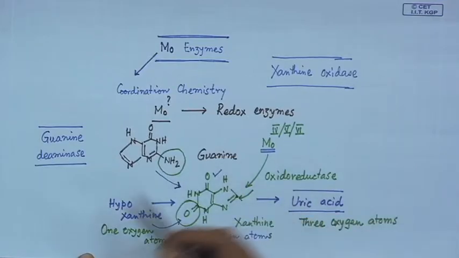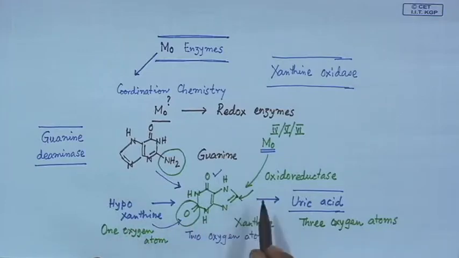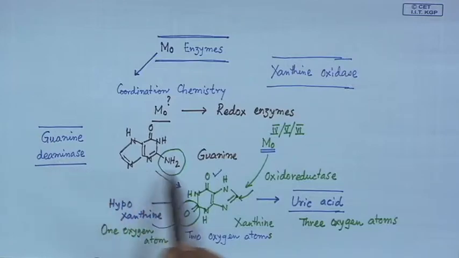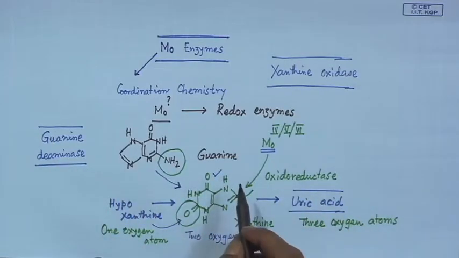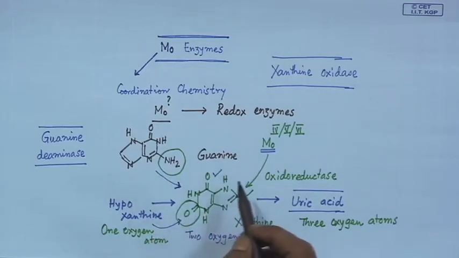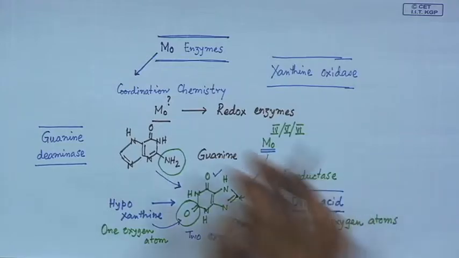So, in this form it is very easy to remember also, and we can recall any time how the xanthine is different from hypoxanthine, and how we get xanthine from the reaction of guanine deaminase on guanine, because we know the 4 basic nucleotides, the adenine and guanine are 2 others which are responsible for the formation of DNA and RNA molecules, and this xanthine molecule further produces our uric acid in the system.